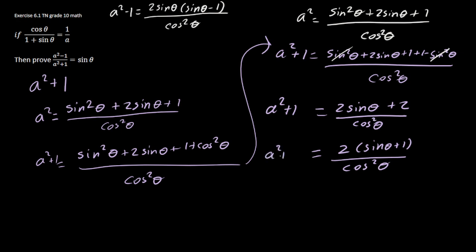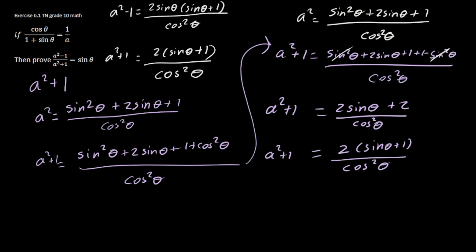So let me write it down at the top. A squared plus 1 equals 2 times sine theta plus 1, all over cos squared theta. Alright?